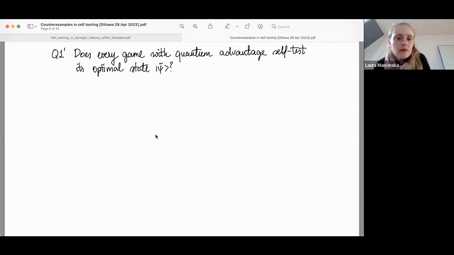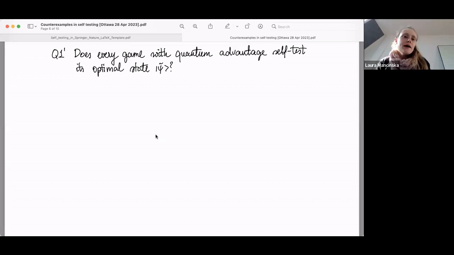So that's a more philosophical or cryptographic motivation. But recently, these self-testing techniques are used a lot in quantum complexity theoretic proofs, just as a proof ingredient.